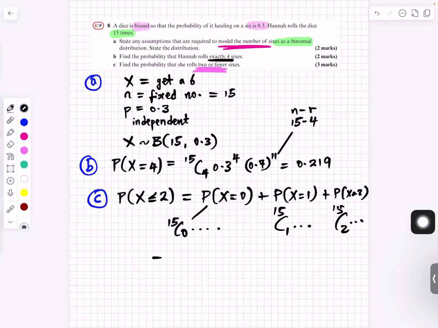Yes. So what did you get? I got 0.127. So you use binomial CD. So you can see the calculator will just sum them up for you. But if they show your working, you can work each one out and then add them up and show the working. Perfect. Well done, Joanna.